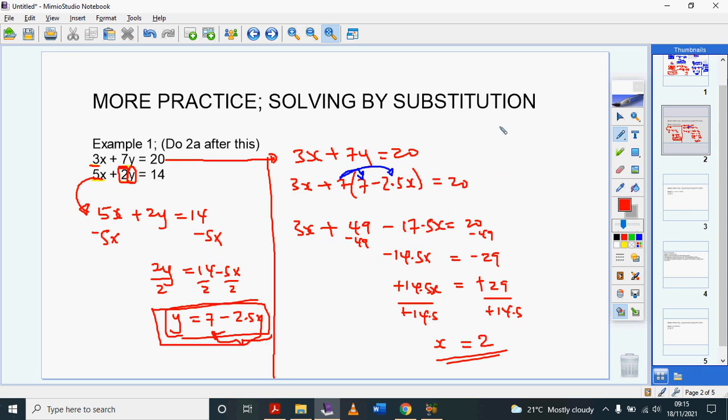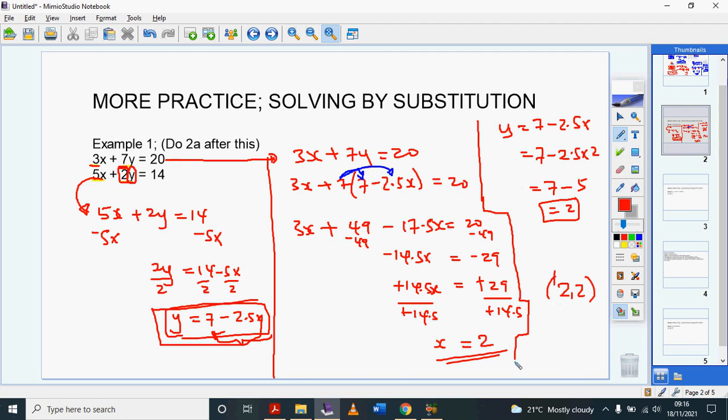That expression says that y is equal to 7 minus 2.5x. So I'm just going to substitute the x value, 2.5 times 2, which is the same thing as 7 minus 5, which is 2. So my solution is x is 2 and y is also 2. And that is the solution for this system of simultaneous equations.